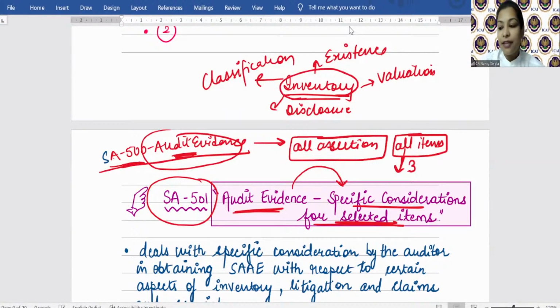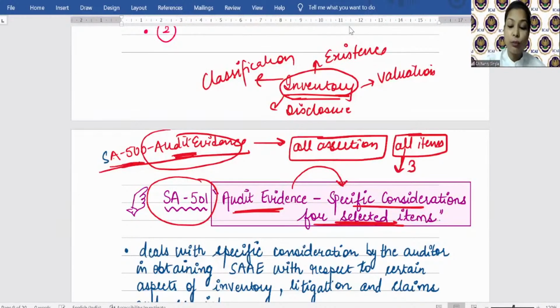So this SA 501 tells the auditor कि auditor सुनो, आपको SA 500 तो you need to follow, but when you need to verify the inventory, the litigation and claims, and segment information, follow me, SA 501.